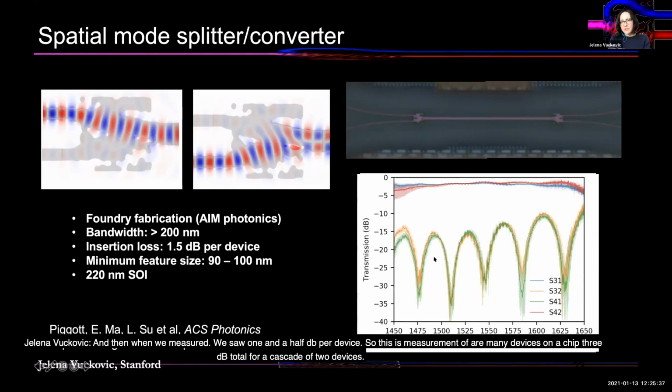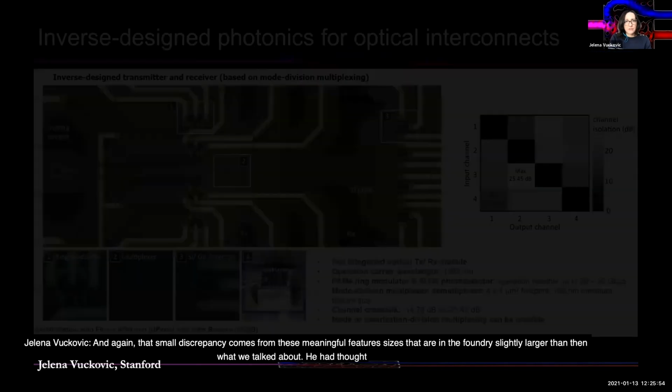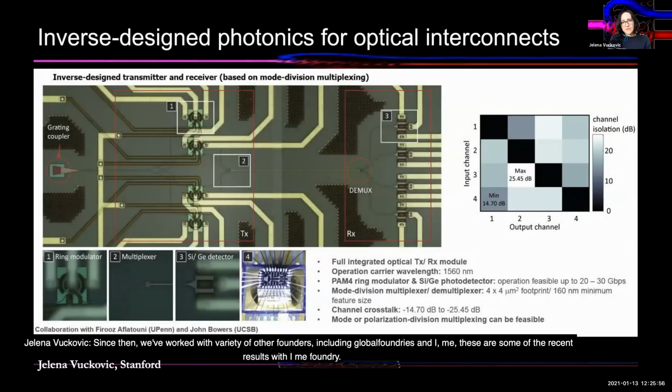And then when we measured, we saw 1.5 dB per device. So this is measurement over many devices on a chip, 3 dB total for a cascade of 2 devices. And again, the small discrepancy comes from these minimum feature sizes in the foundry being slightly larger than what we had thought. Since then, we've worked with a variety of other foundries, including Global Foundries and IME.